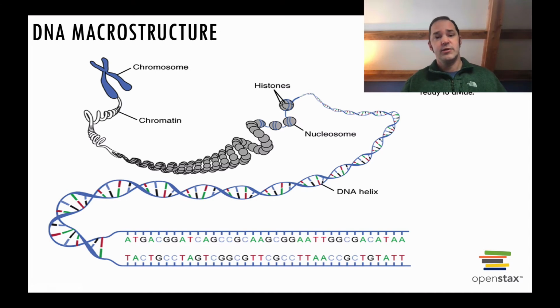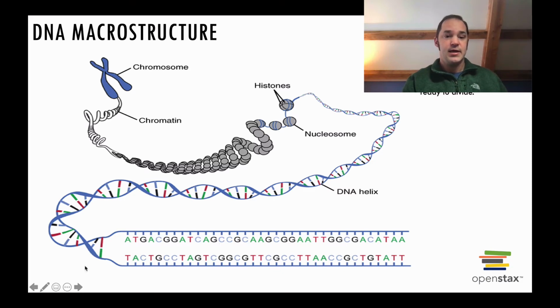Okay, so we said in the nucleus we find our DNA. And in our DNA, right here we can see a little picture of the sequence of nucleotides. This is the code that determines what kinds of proteins you make.